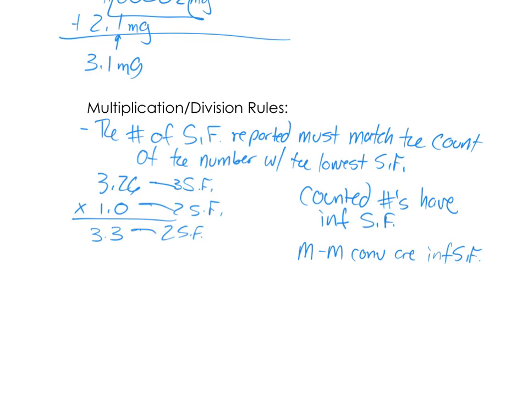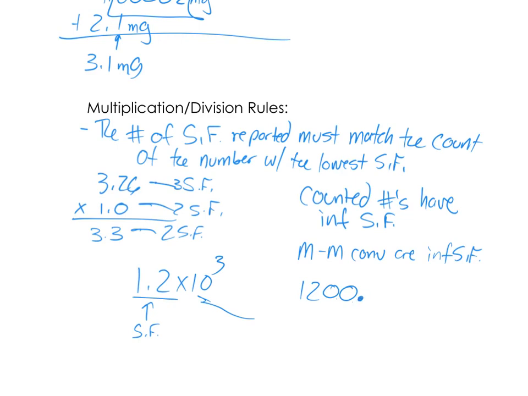Now, this is where scientific notation comes in. If you don't know scientific notation, you gotta get good at that because we use it a ton in chemistry. When we report a number, this has 2 sig figs. And this is the way that becomes easier. Let's say I have to write 1200, right? And I don't want to write it like this because I don't want to have those 2 zeros. This is how I write it in scientific notation.